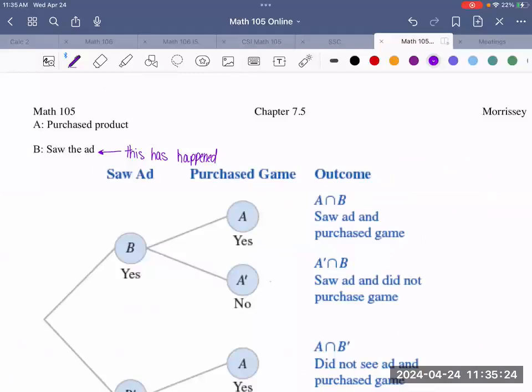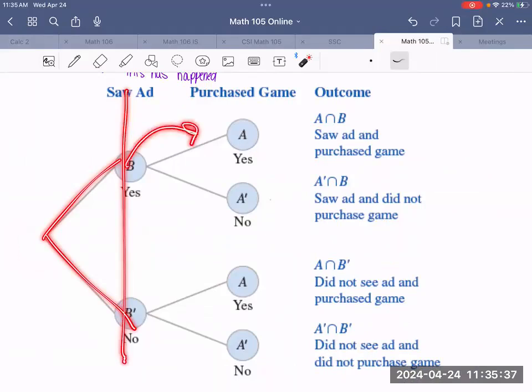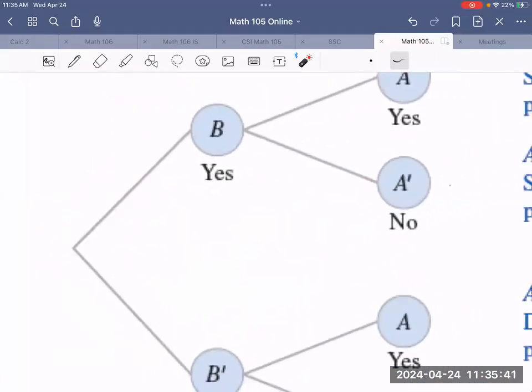So normally on your decision trees, right, whatever, if you're doing an experiment or what have you, right, you have one branch to signify, okay, this has occurred, and then you make your next decision, and then this has occurred, right? So if we're looking at this case here, in our case, B is going to be you saw the ad, right? So when we go to do this, this is the probability of B.